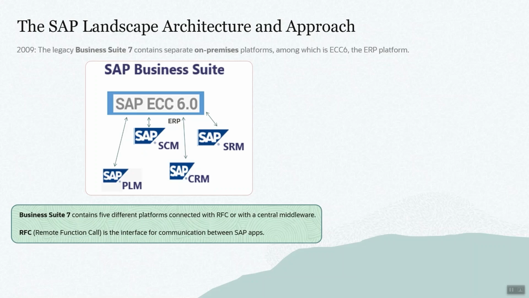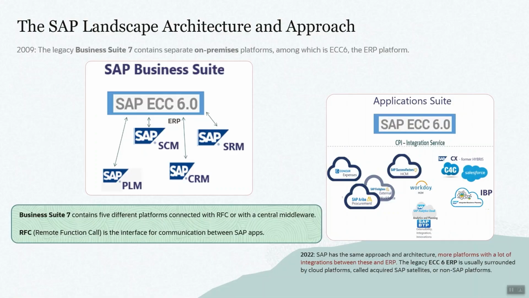It was 2009 when SAP development priority connected and interfaced all these platforms and launched them under the Business Suite 7 platform. So this was the approach: different on-premise platforms surrounding the ECC ERP solution.